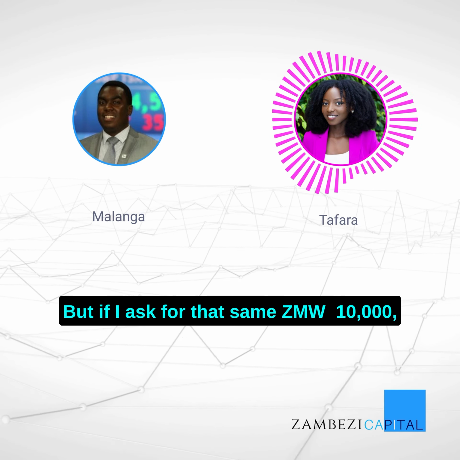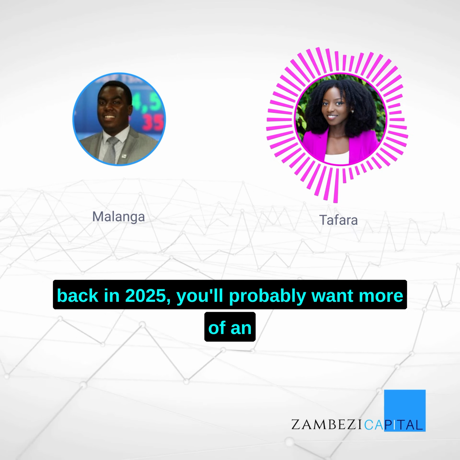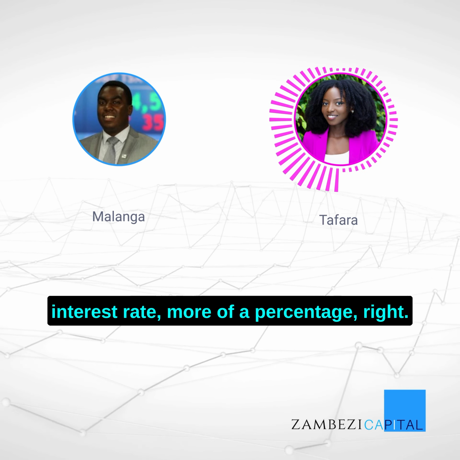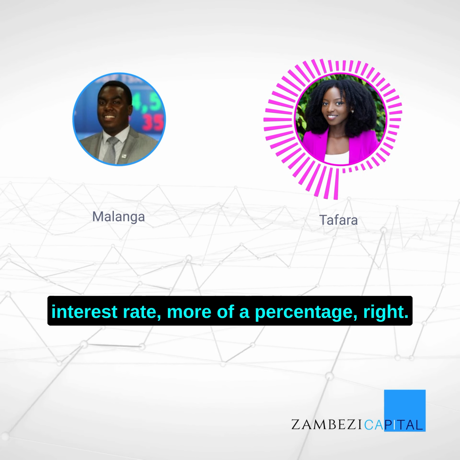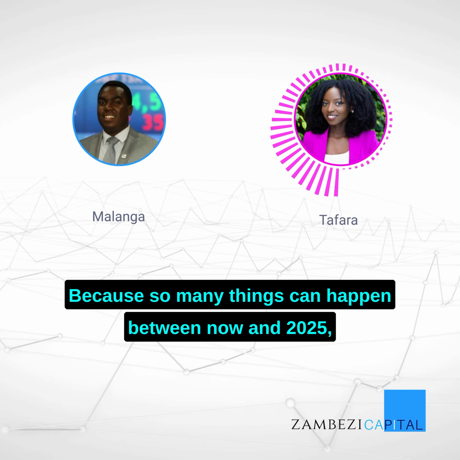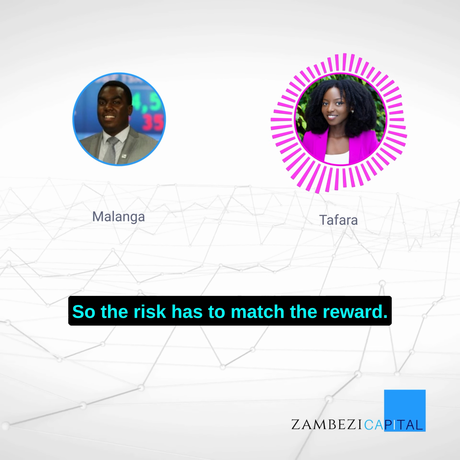But if I ask for that same 10,000 kwacha and I say I can only pay you back in 2025, you'll probably want a higher interest rate, more of a percentage, right? Because so many things can happen between now and 2025. I can run away, I can change my phone number, so the risk has to match the reward.